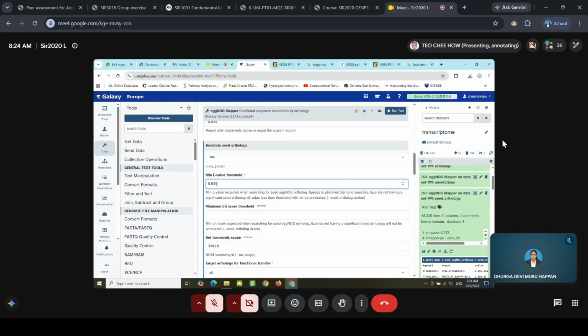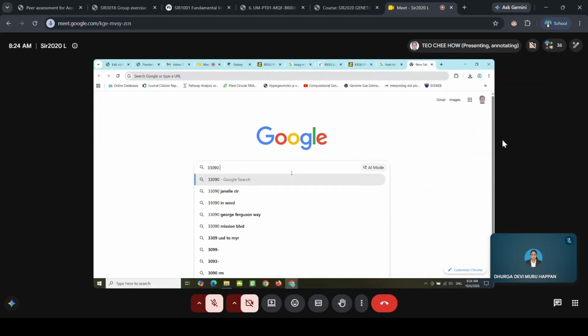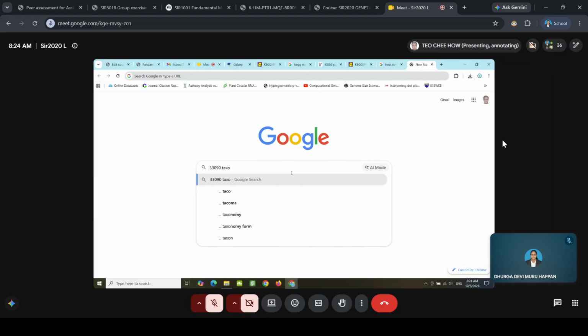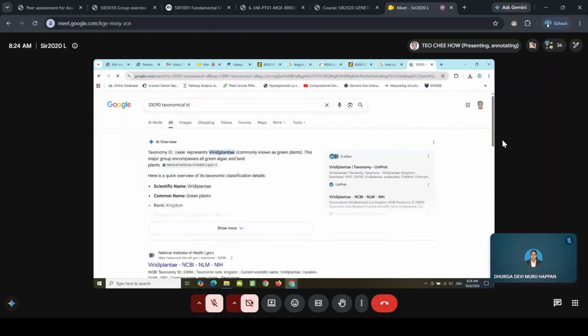This is the E value usually for BLAST, right? And you need to set the taxonomy. So what is the taxonomy ID of this one? Yeah, it's for Viridiplantae.